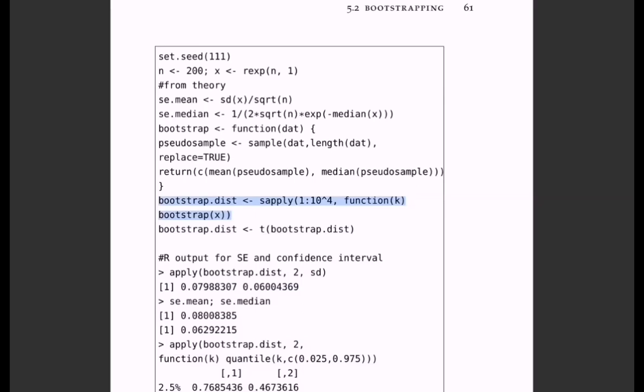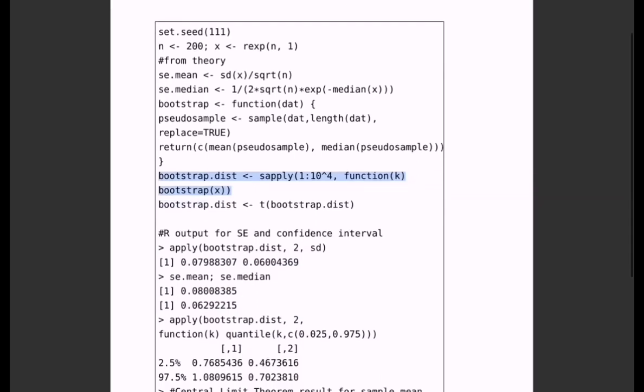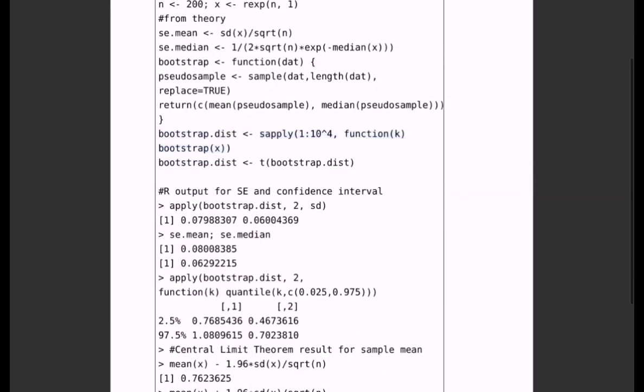Note carefully that I'm bootstrapping x. I'm actually resampling x. This x is a particular realization, our data, so I'm resampling that with replacement. And then this t is just to transpose it, because if you don't do that, the mean and median of your pseudo samples are on the rows.